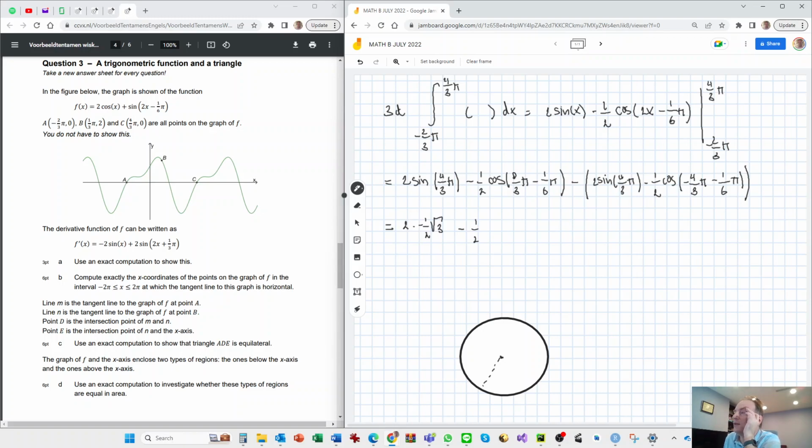So you get a cosine of, put this under common denominator, 16 minus 1, it's 15/6 pi, and then here, did I make a mistake here?